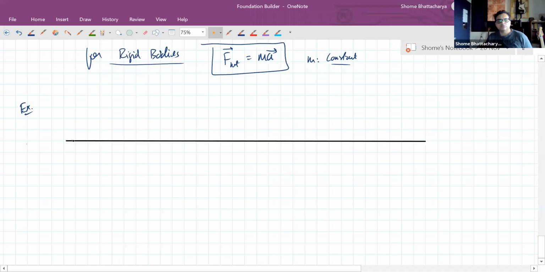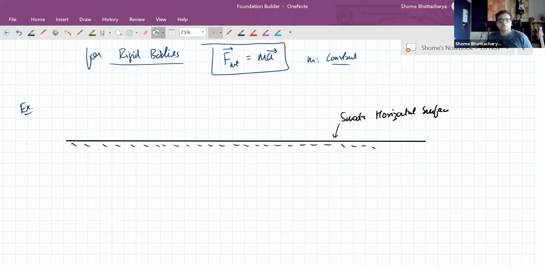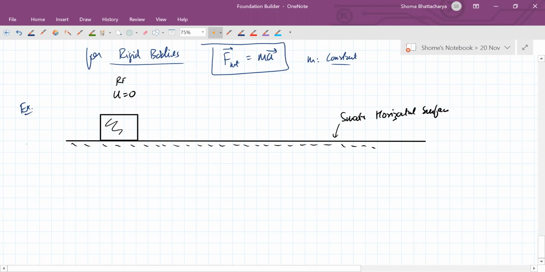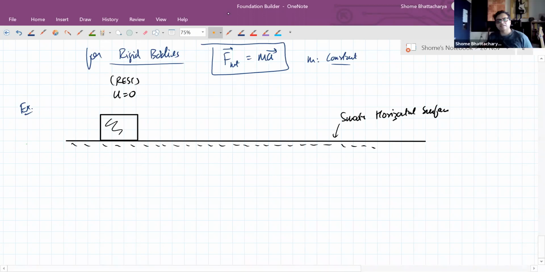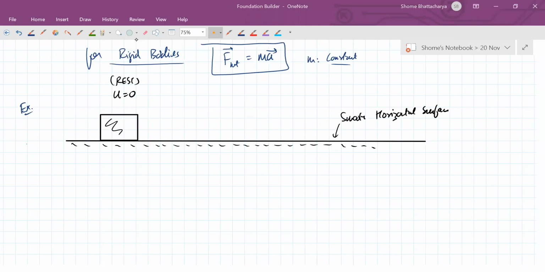So we come back to a situation of a smooth horizontal surface, and we have a block of mass 10 kilograms initially at rest.